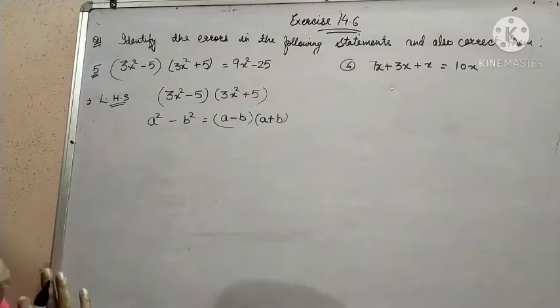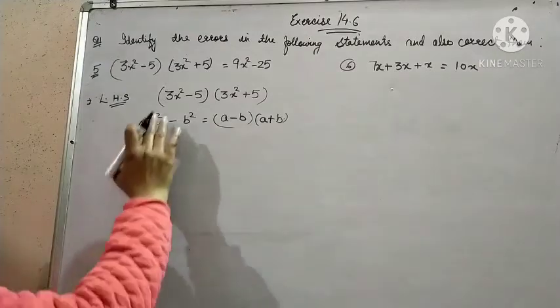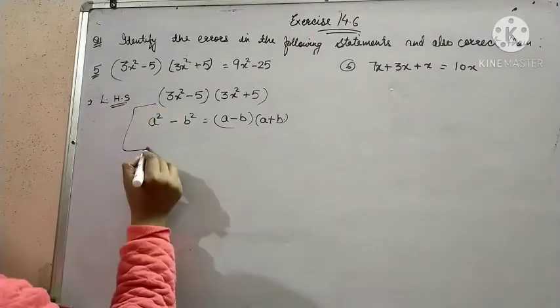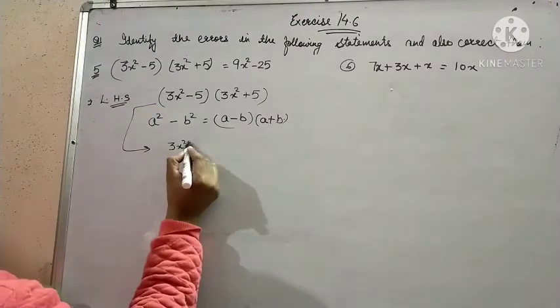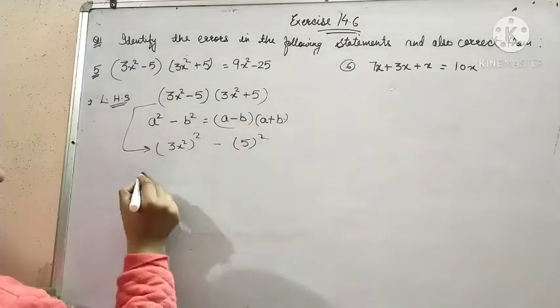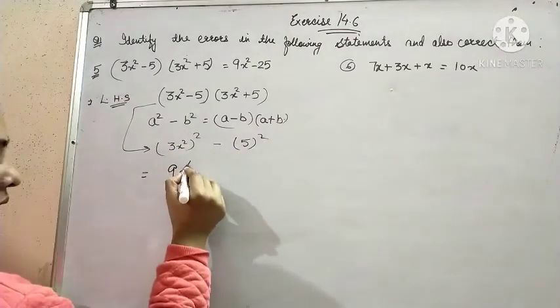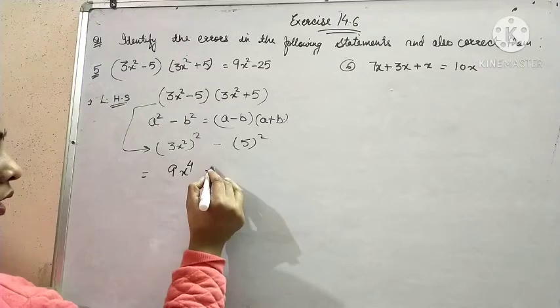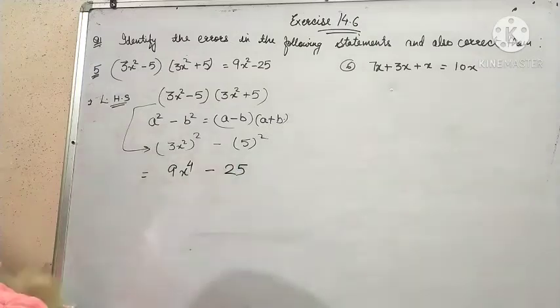This is the identity. Now we can use this identity. So it will be equal to (3x²)² − 5², which will be equal to 9x⁴ − 25.